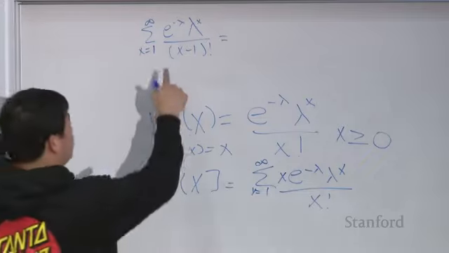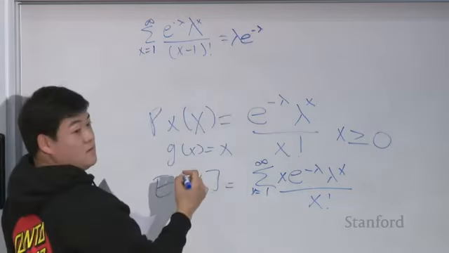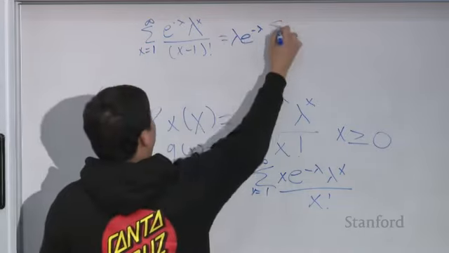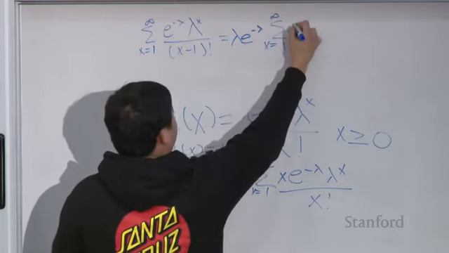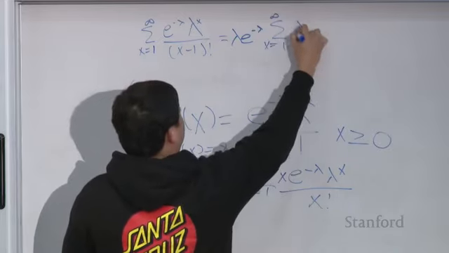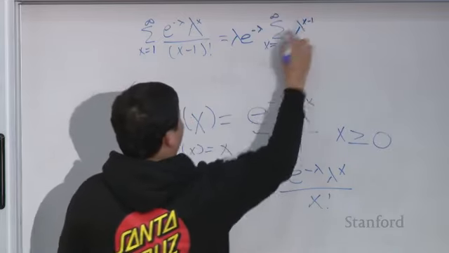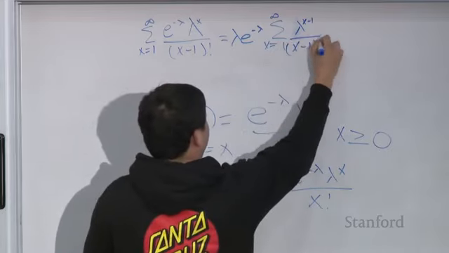And then I factor out a lambda, e to the negative lambda, and I take the sum from x equals 1 to infinity of lambda to the x minus 1, because I factored out a lambda, over x minus 1 factorial.